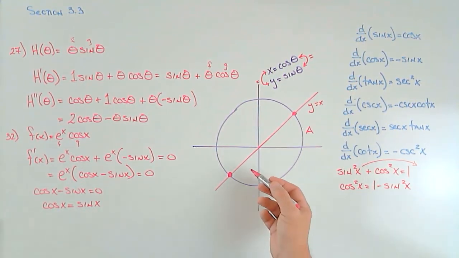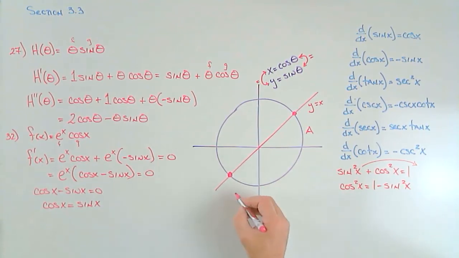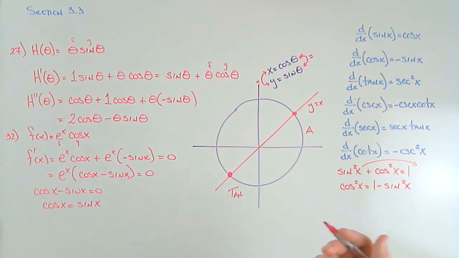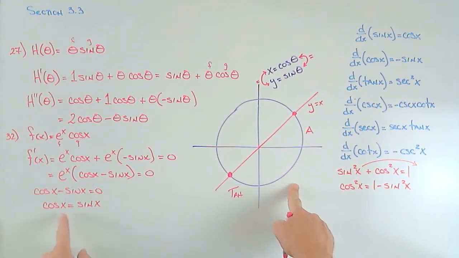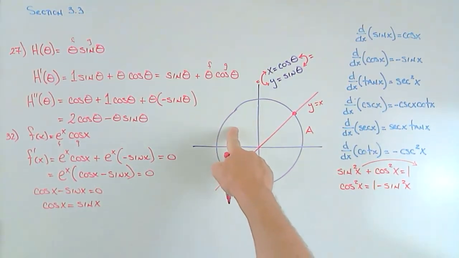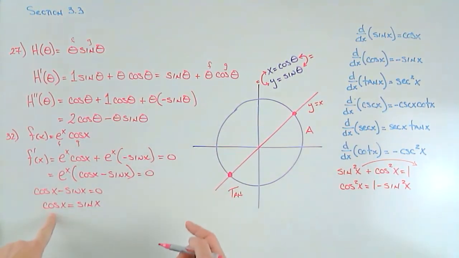It happens in the third quadrant, because in the third quadrant, tangent is positive, which means both sine and cosine are negative. It can't happen over here. Over here, cosine's positive, but sine is negative. They can't be equal. It can't happen up here. For the same idea, sine is positive and cosine is negative.